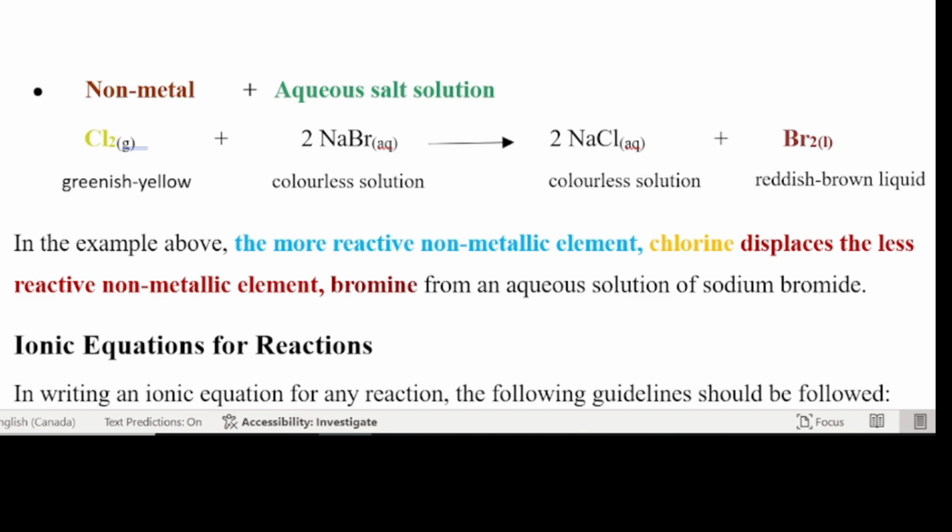In this case here, we're having sodium bromide. If we get another non-metal that's more reactive than bromine, say chlorine, for example, chlorine is more reactive than bromine, and you bubble that through a solution of sodium bromide, you'll get a solution of sodium chloride, and bromine molecules get liberated, and they dissolve a little bit inside the solution, making it look like a brownish liquid.